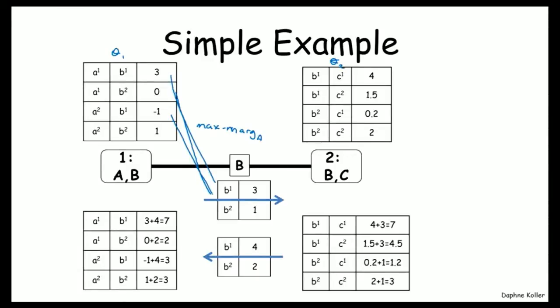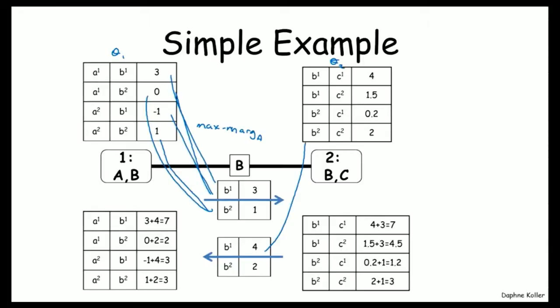And for B2, we have the max over 0 and 1, so we get 1. Exactly the same process gives us this message, where I'm max marginalizing C, that's passed from left to right.